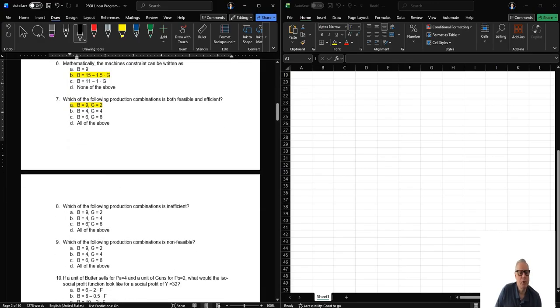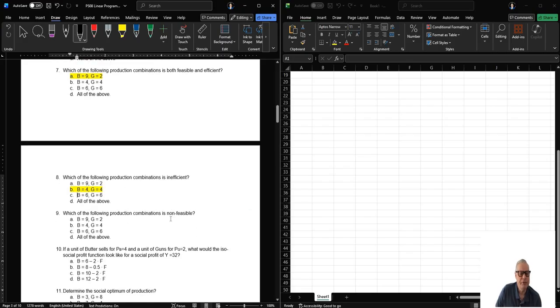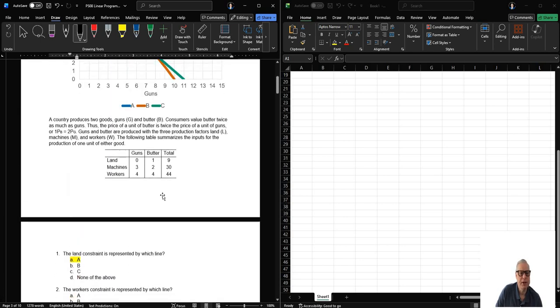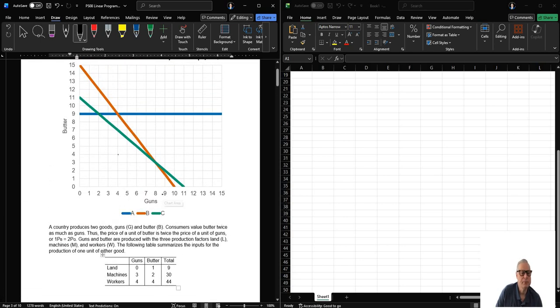So which of the following production combinations is inefficient? That is inside. And which of the following production combinations is not feasible? Well, that's probably the 6 and 6 that should be outside the PPF. So let's double check. So 6 and 6, yeah, even though it is on the orange one, it's beyond the green one, so it's outside the area of feasible production.